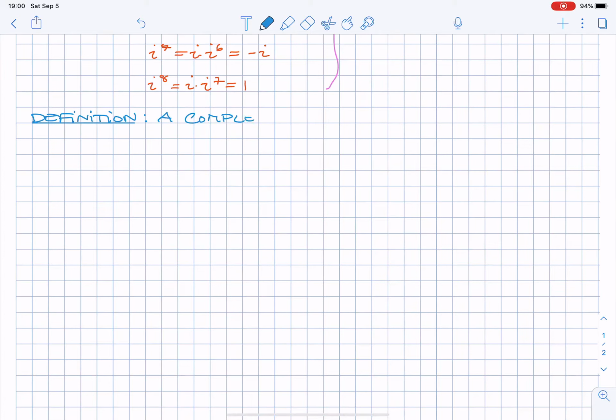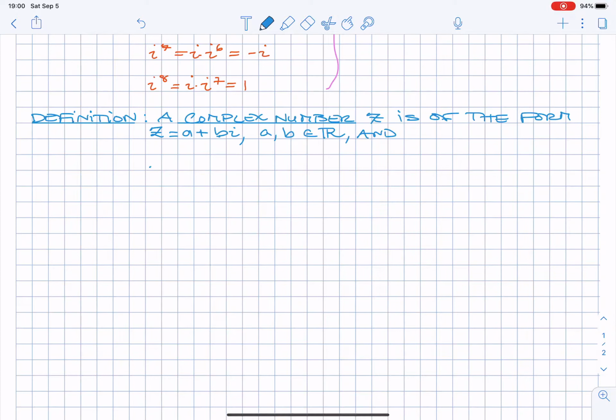A complex number z is of the form z equals a plus bi, where a and b are real numbers. a is the real part because it's not attached to i.